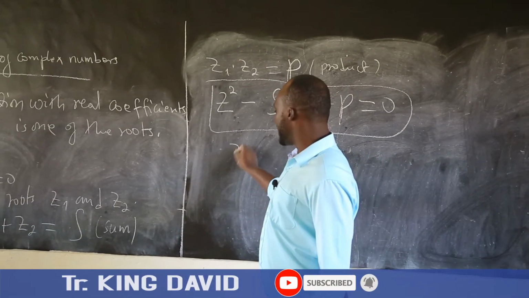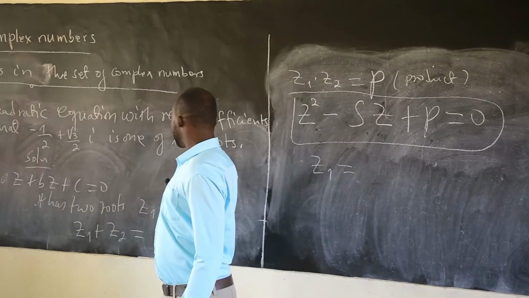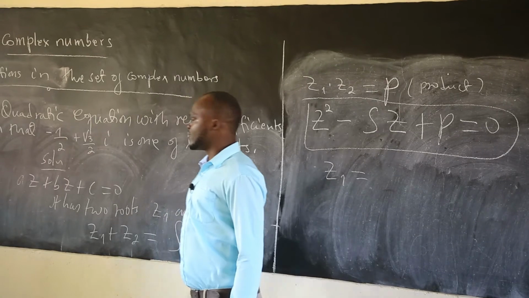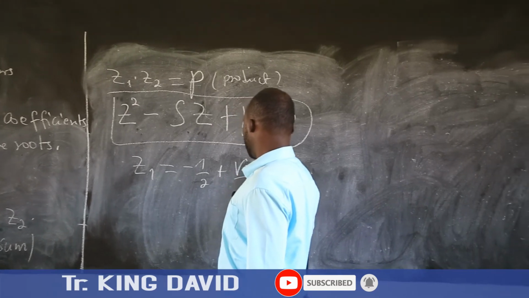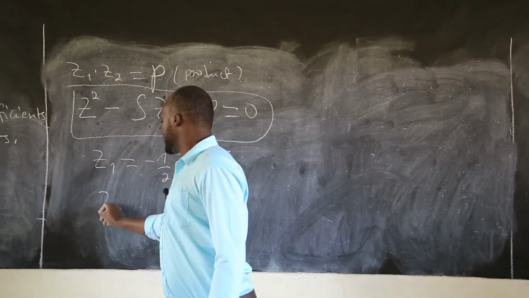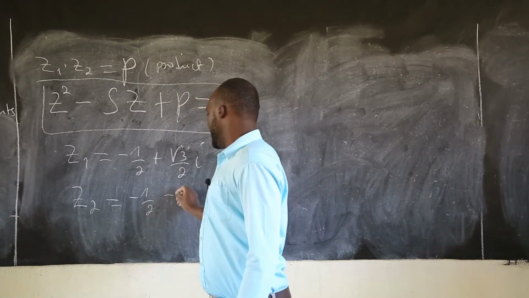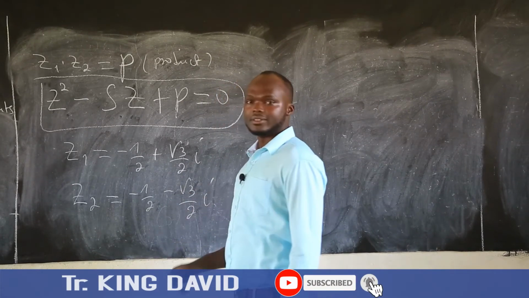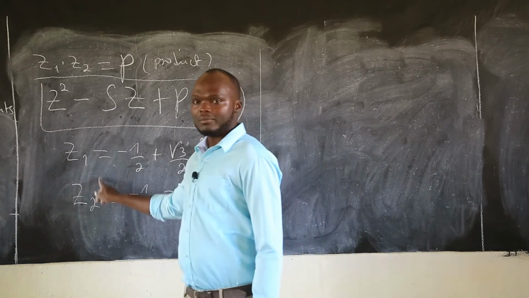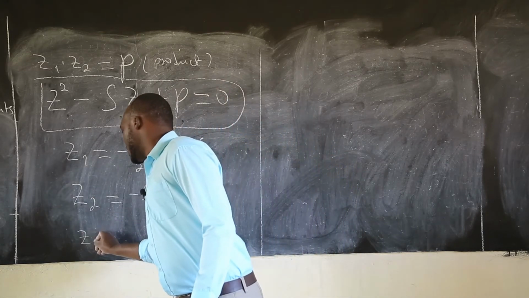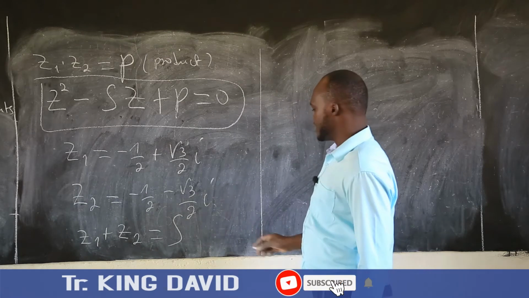So our z1 is one of the given roots, which is -1/2 plus √3/2 i. So the second root is the conjugate of this one, which is -1/2 minus √3/2 i. Now, how are we going to form a quadratic equation? Addition of them is the sum, so we take z1 plus z2.